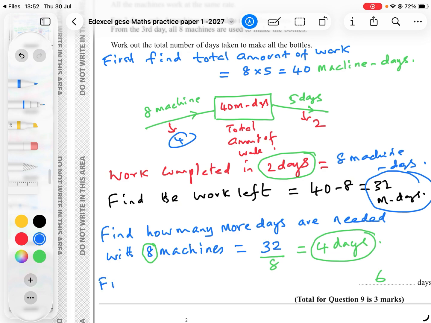So already finished 2 days. 2 days work finished. Then we need 4 more days to finish all the work. 2 add 4, 6. Thank you.